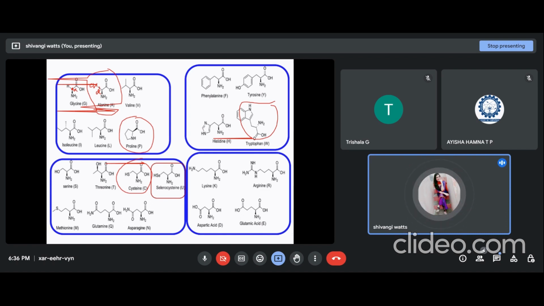So the first property is, all are amino acids with one carbon, which we can call the alpha carbon, except glycine. All amino acids are chiral except glycine, and all the amino acids which are chiral are having S configuration except one. The question is, you have to tell which amino acid is having R configuration.